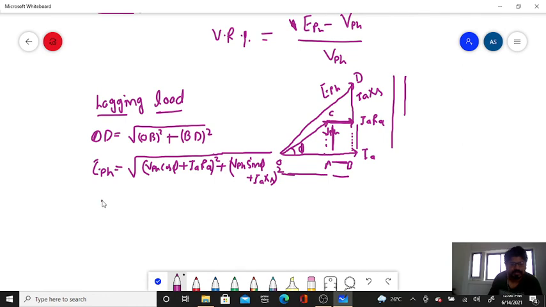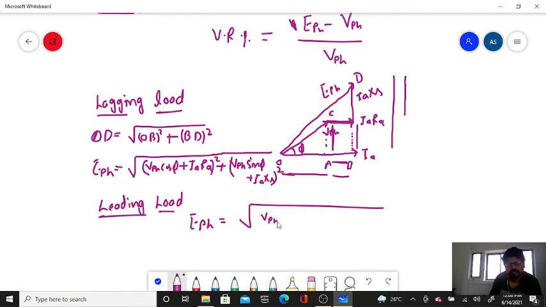For leading load, you can draw this and derive the expression. I'm writing it here: EPH will be under root of (VPH cos phi plus IA RA) square plus (VPH sin phi minus IA Xs) square.